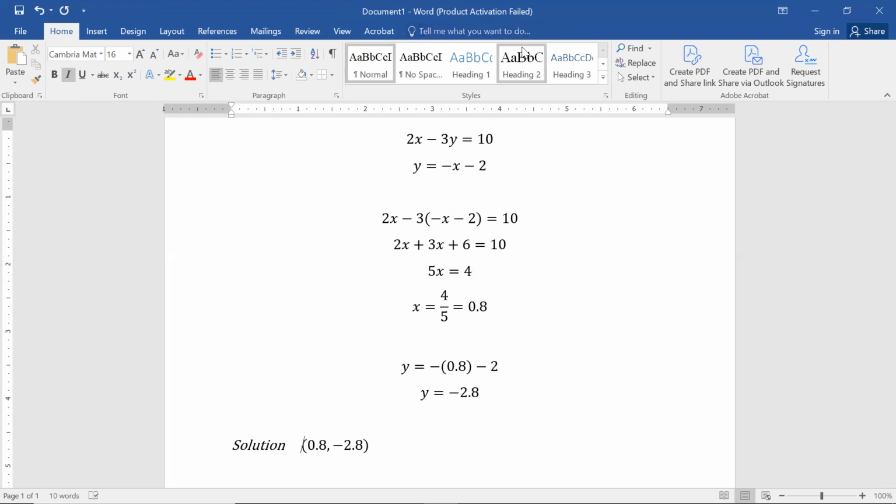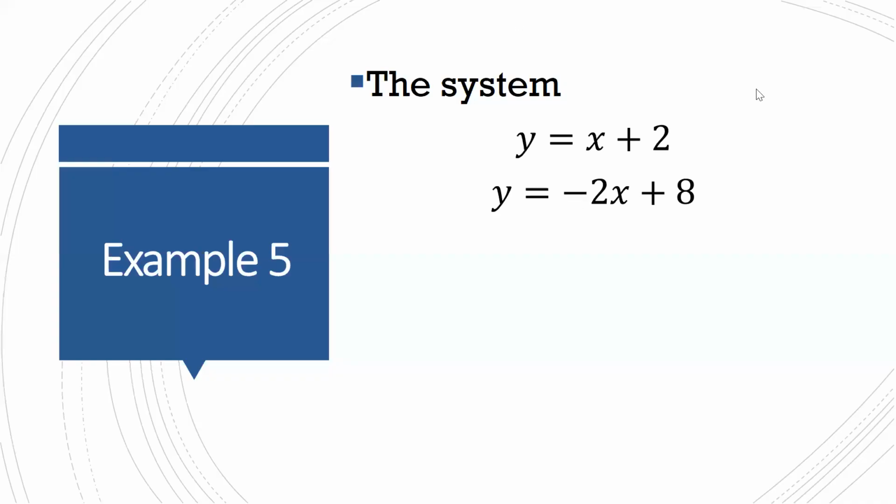Let's do one more example. In example 5, we have a system of linear equations in two variables. One equation is y equals x plus 2. The other equation is y equals negative 2x plus 8. Now you'll notice that both of these equations have y equals.